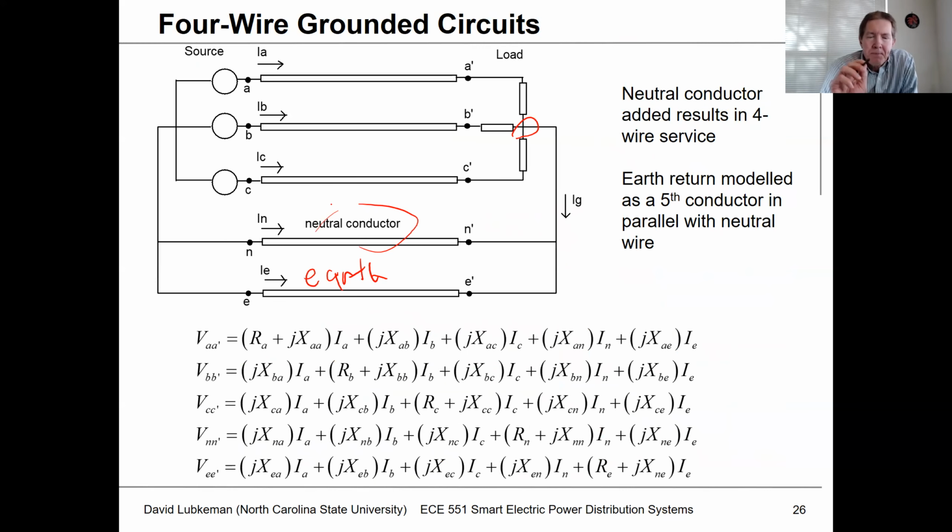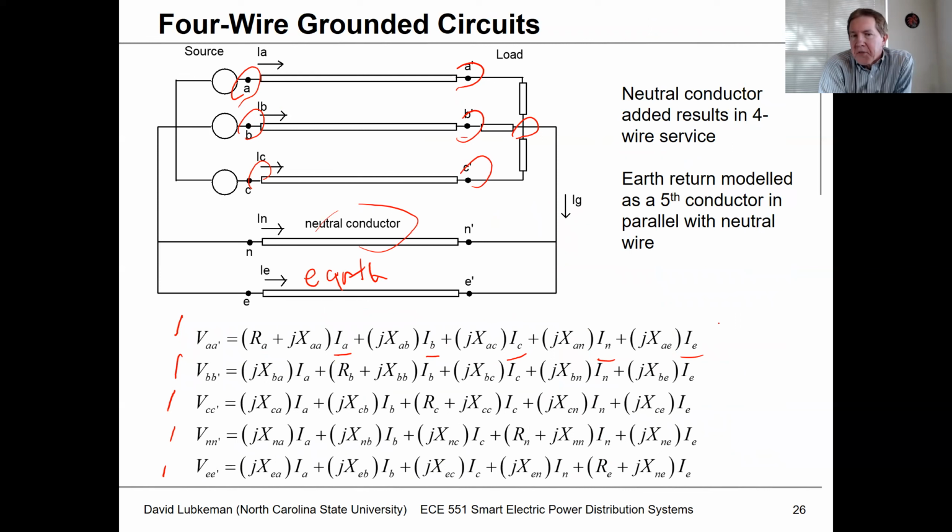So now, if you talk about all these different voltage drops going across each of these conductors in this model, you've actually got 5 conductors, because Earth's included as a conductor. And you have 5 different voltage drops you can calculate, and they're all going to be coupled together. They're all a function of these 5 currents.